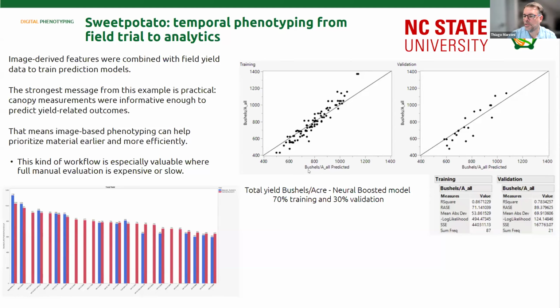So we did a modeling that is predicting right now with an R square of almost 0.8 of precision, of total yield or bushels per acre of sweet potato.